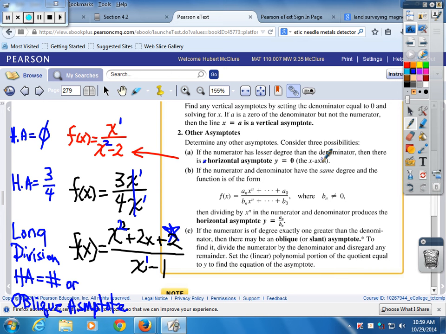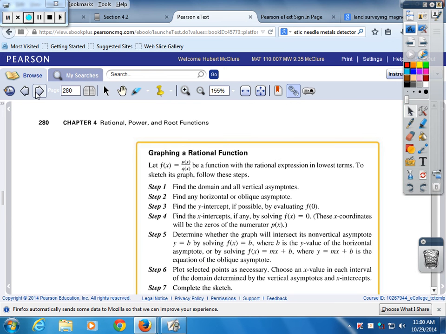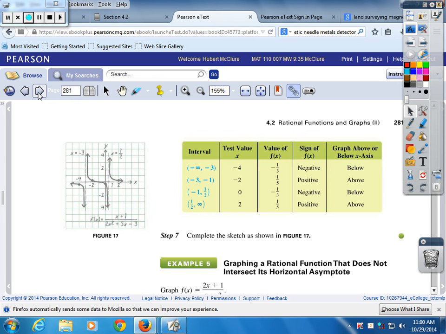Okay. So, let's look at an example or two. All right, let's look at this one.